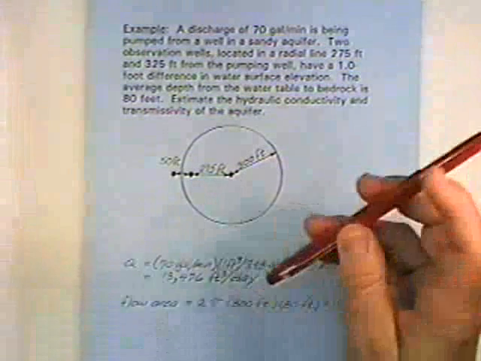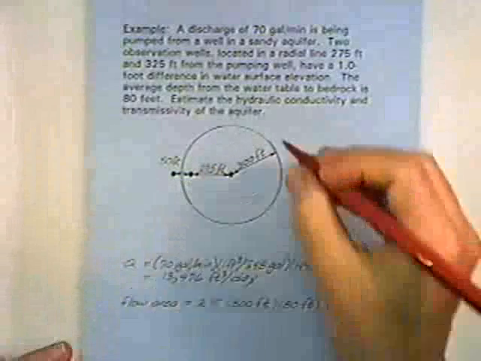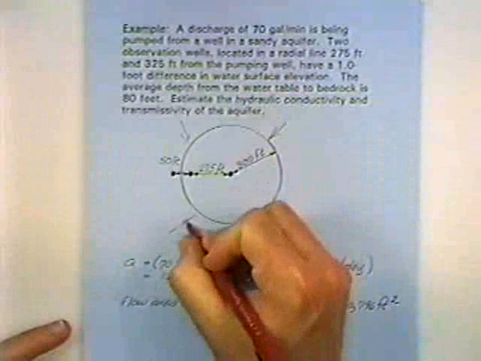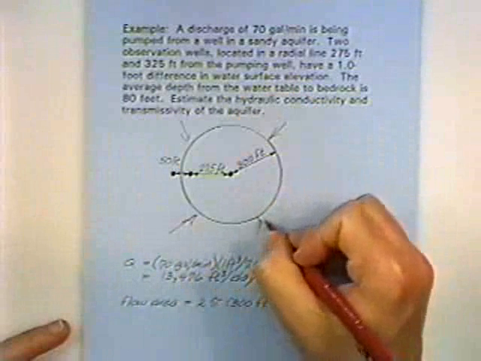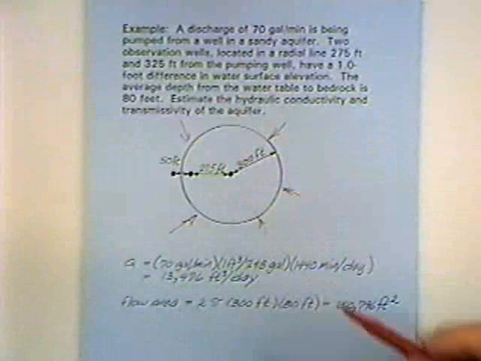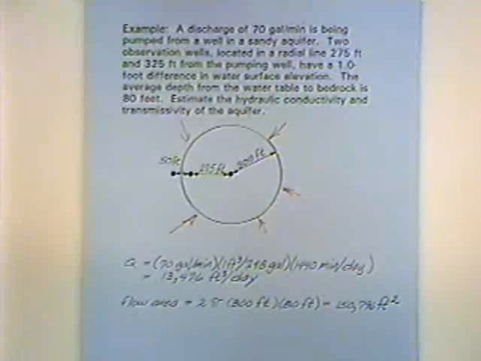What's happening is you're pumping water out of this well. The water's flowing in all directions through the aquifer toward the well. Now we need some way to estimate the hydraulic gradient.